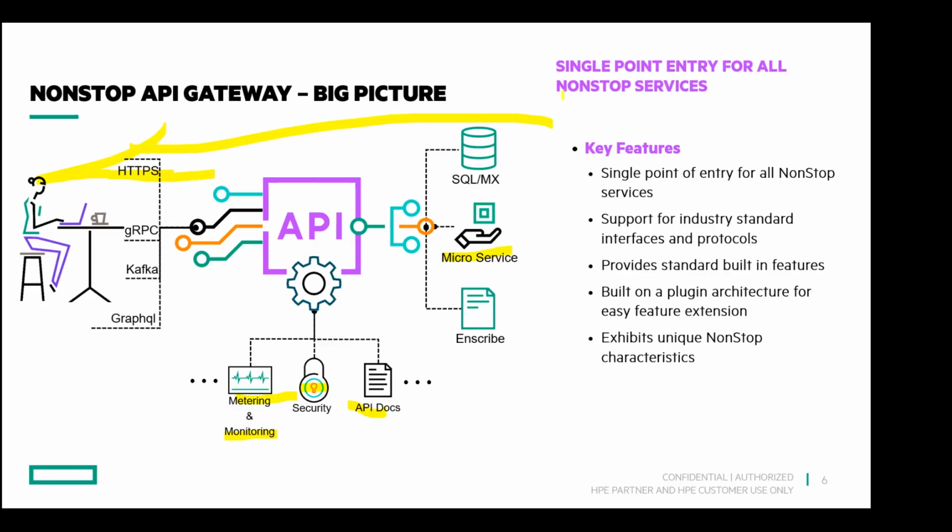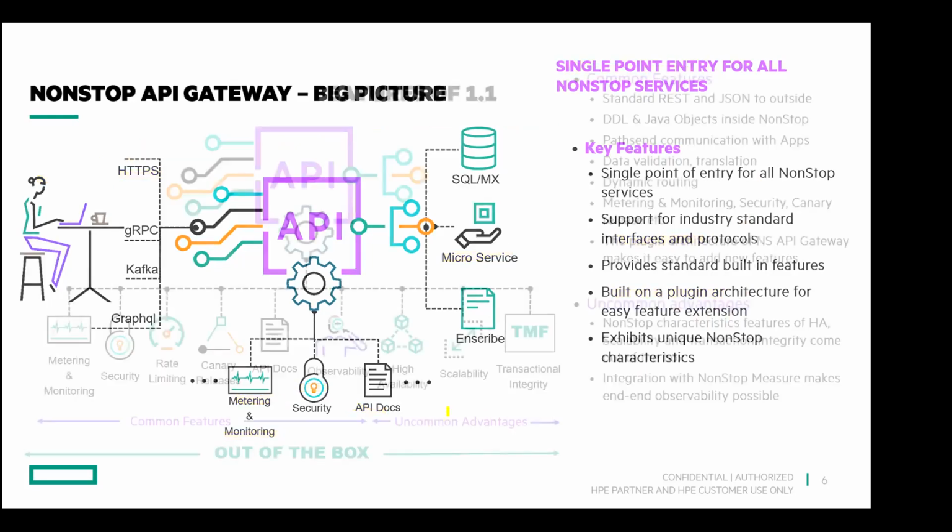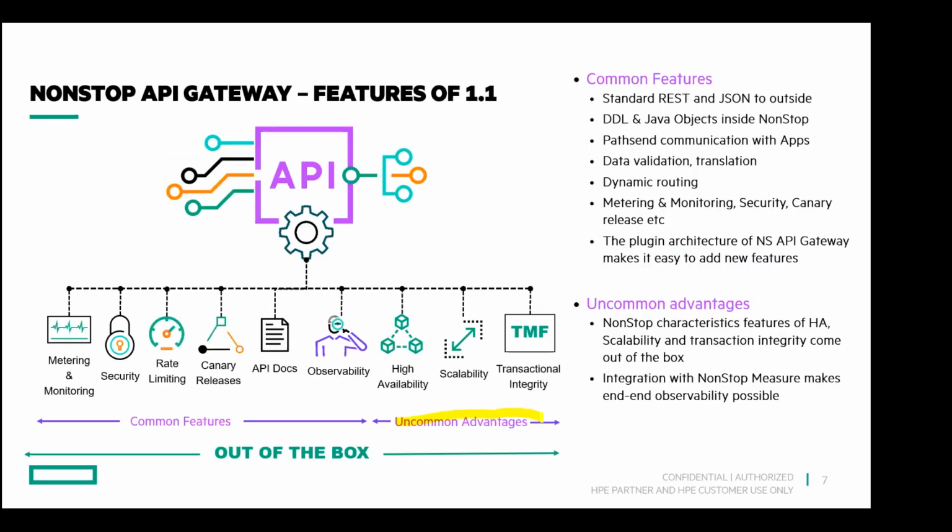So it is a single point of entry for all the services that are running on the NonStop. And I already talked about interfaces and protocols, and it provides a plugin architecture. I'll talk about it in the next slide. Okay, and at the same time, it should exhibit the uncommon advantages of scalability, availability, and transaction integrity.